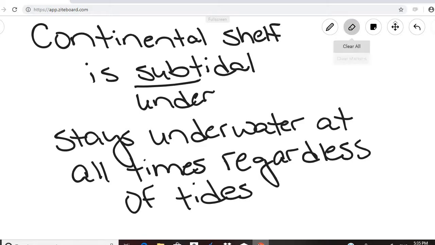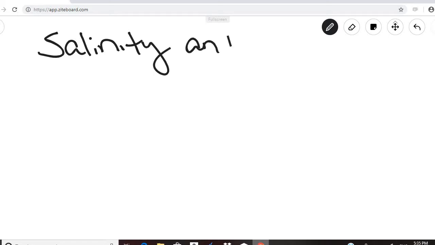One other thing that is true of the continental shelf is that the salinity and the temperature stay pretty constant.